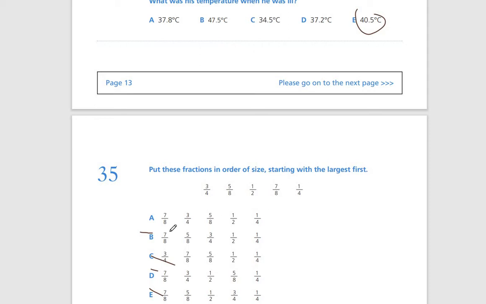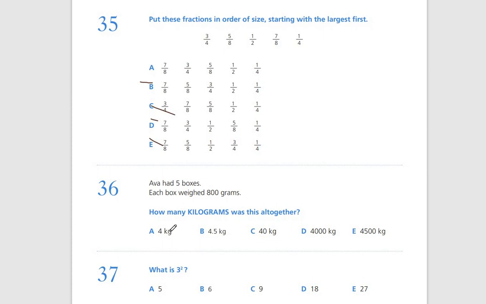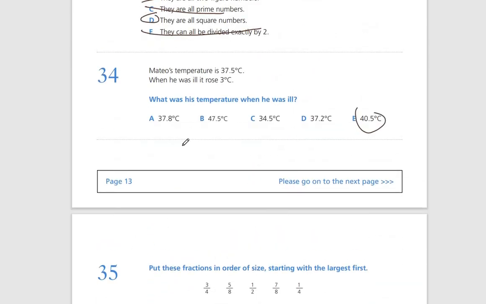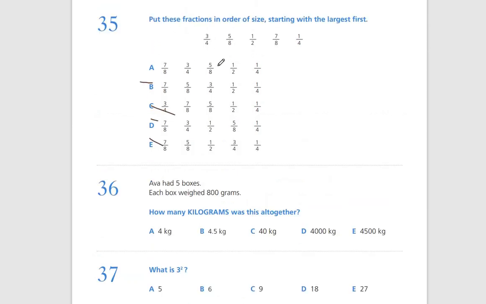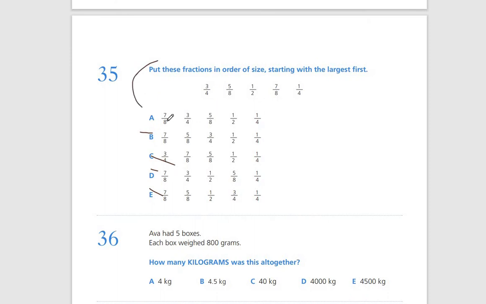If we lay it all out, we get an answer of A, because 7/8, 3/4, 5/8, then 1/2 and 1/4. It works because 1/2 is 2/4, which is above that, then 5/8, then 6/8, then 7/8. So it's A. Let's circle that.